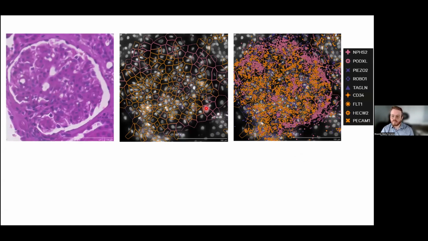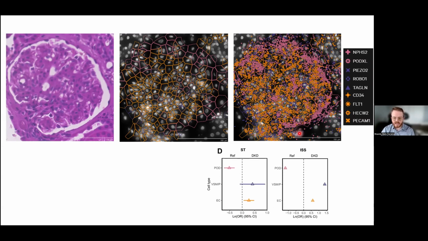So here is an example where we used Xenium on a diabetic sample to identify, at single-cell resolution, the endothelial cells, the mesangial cells, and the podocytes, right? And then we are also able to identify, again, this loss of podocytes and this increase in those vascular cells that express mesangial cell markers and the endothelial cells.